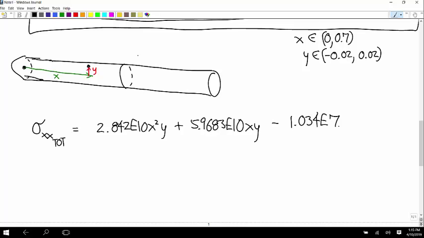Where is that going to be the biggest value? Well, I don't know what that function looks like. It's going to have a y value all the way at the top, you can see. So with y equal to 0.02, and you could find maximums of that.